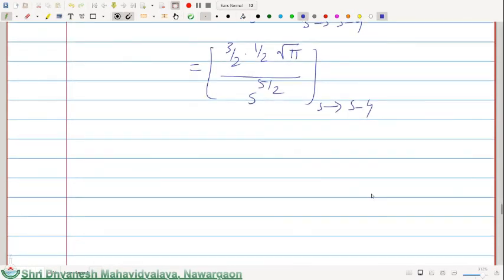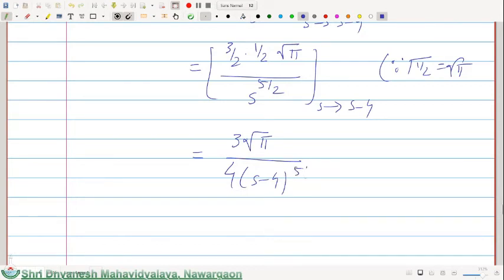The last step, you can write the reason here, since gamma 1 by 2 is under root of pi. Simplify this, you will get 3 under root pi upon 2 to the 4, and s is going to be replaced by s minus 4, so s minus 4 to the power 5 by 2.